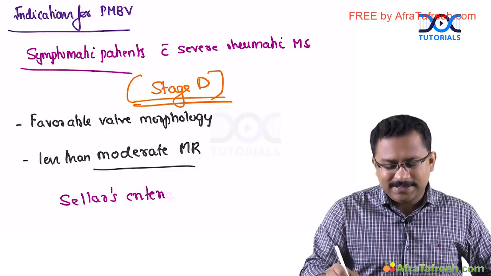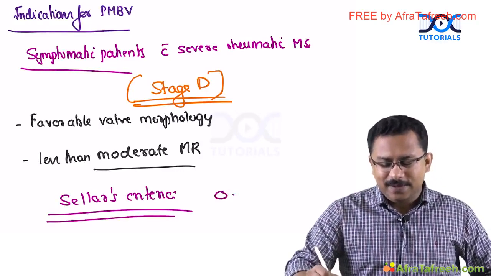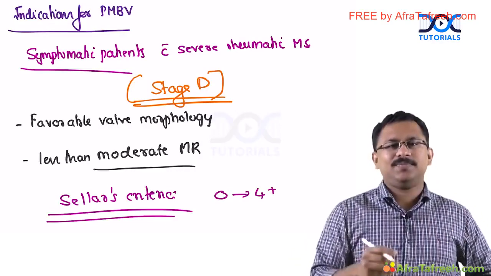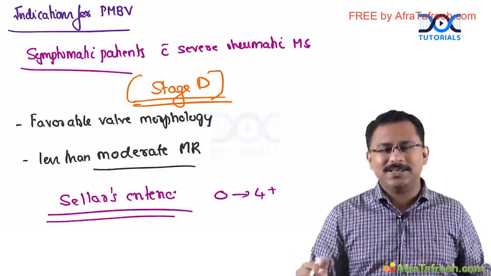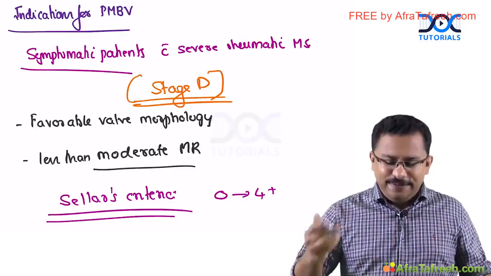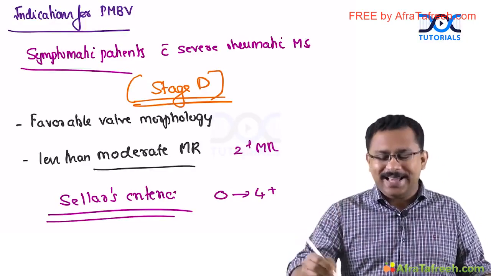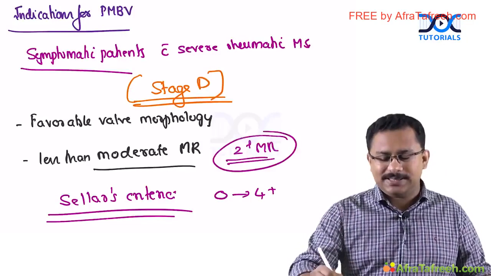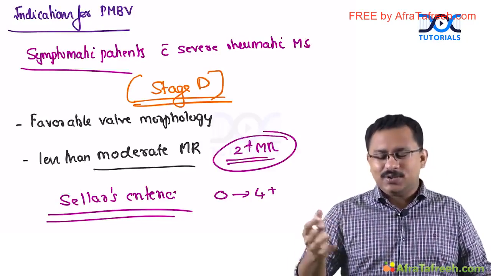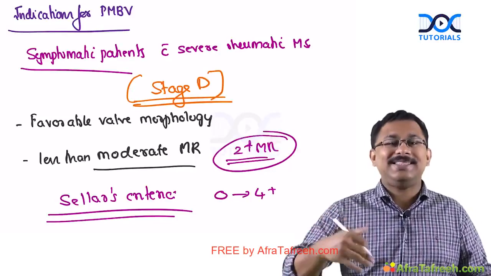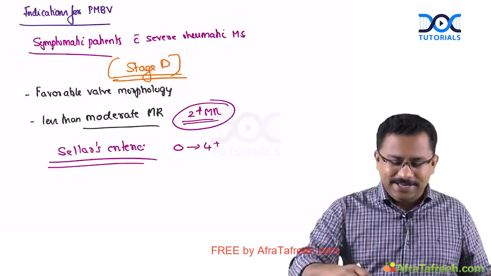It is from 0 to 4 plus: 0, 1 plus, 2 plus, 3 plus, 4 plus. Moderate is 2 plus, so the degree of MR should be less than 2 plus. That is also important.